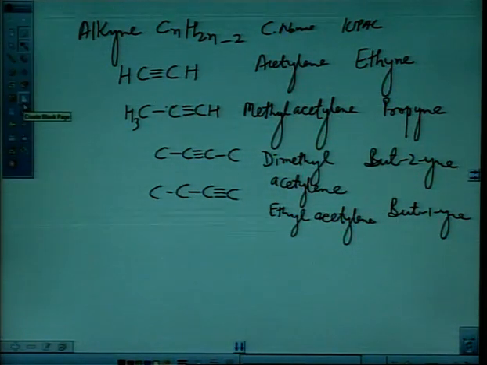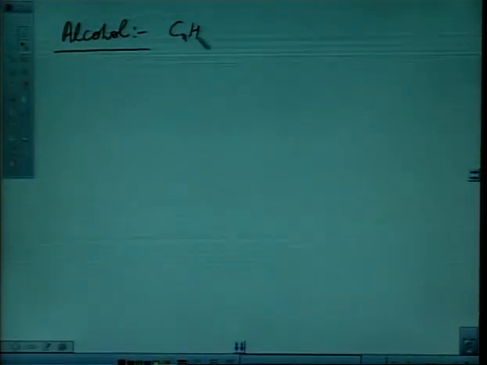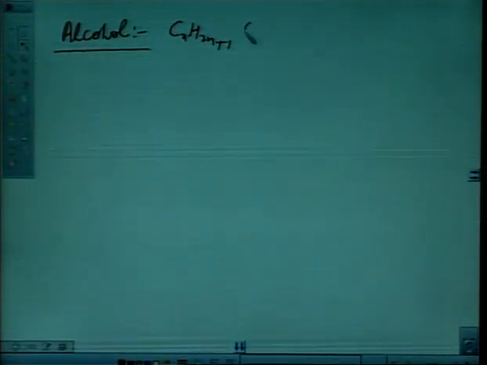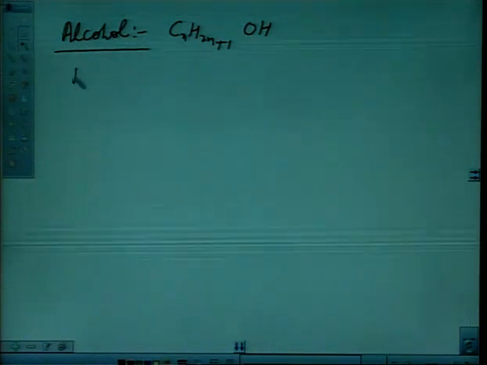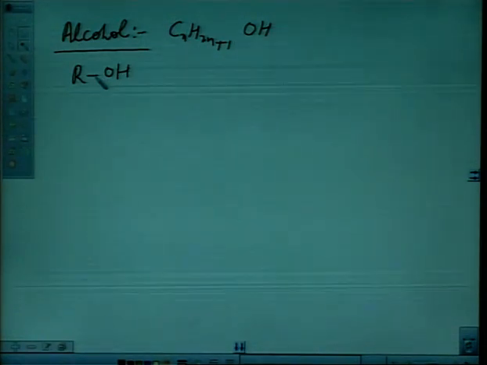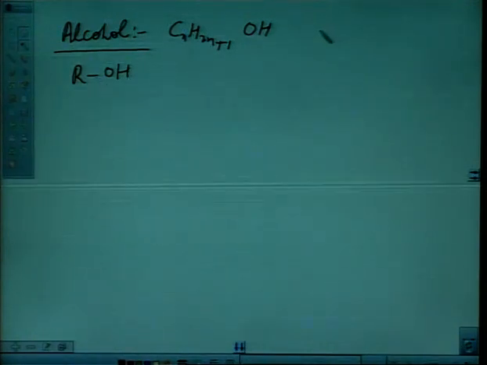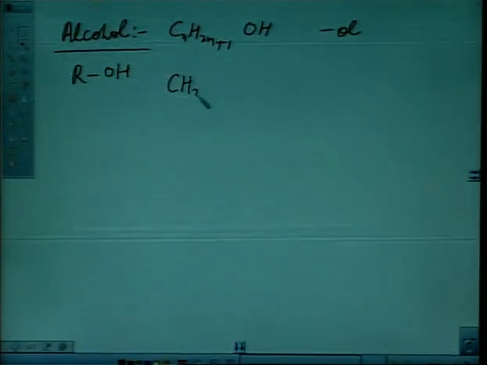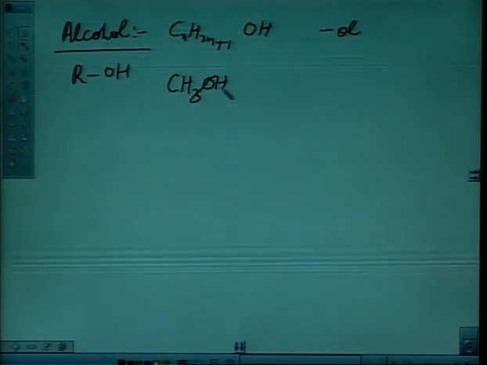So the next family is alcohol. The general formula is CnH2n+1OH. We may write it ROH, where R is an alkyl group. The secondary suffix is ol. The first member is CH3OH.